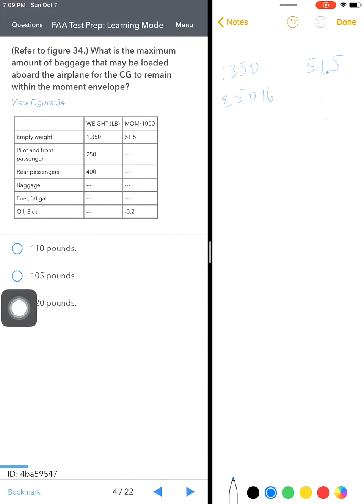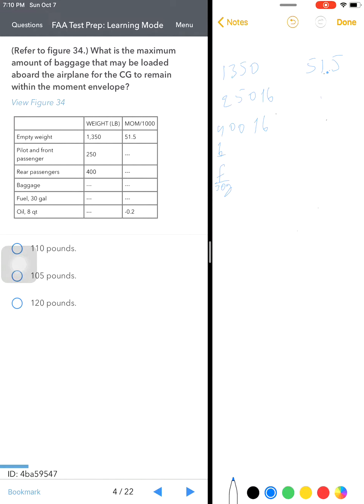And then we have rear passengers, 400 pounds, and we'll look for the moment. Baggage, same thing, we don't know, so let's write baggage B. And fuel, now we have 30 gallons.